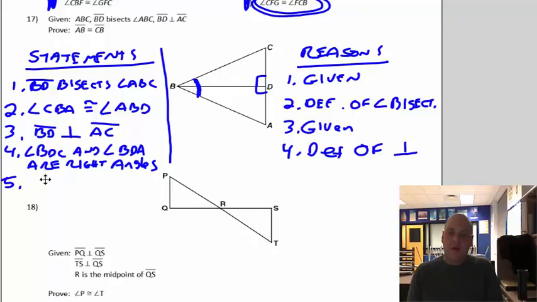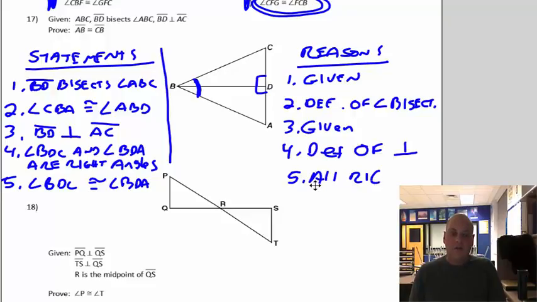Now we can say they are congruent. Angle BDC is congruent to angle BDA, because all right angles are congruent.